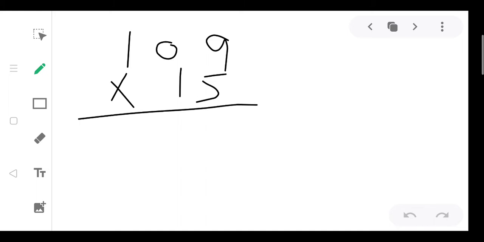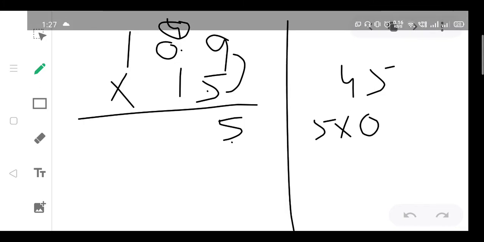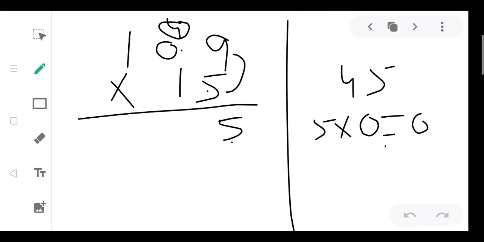Firstly, we will read the table of 5 up to 9 ja, 5 9 ja 45. 5 we will write here and 4 will be carried. Now we will read the table of 5 up to 1 ja, 5 zeros are 0, and now we will add that carry also, it becomes 4, and that 4 we will write here.